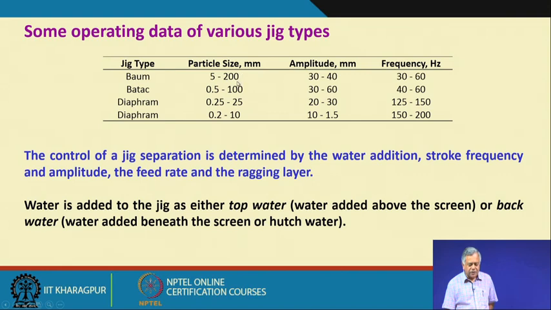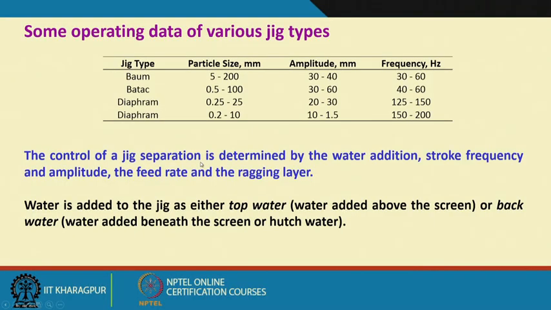The particle size was from 5 to 200 millimeter, amplitude was 30 to 40 millimeter, frequency was 30 to 60, and like that we have got another type of jig. So, it can vary. It depends on what type of jig, what the particle size range is, at what rate you are feeding, and what the density of the different particles is.